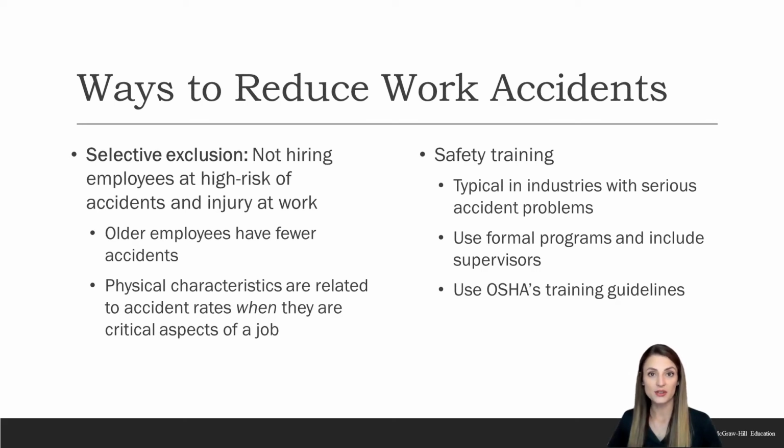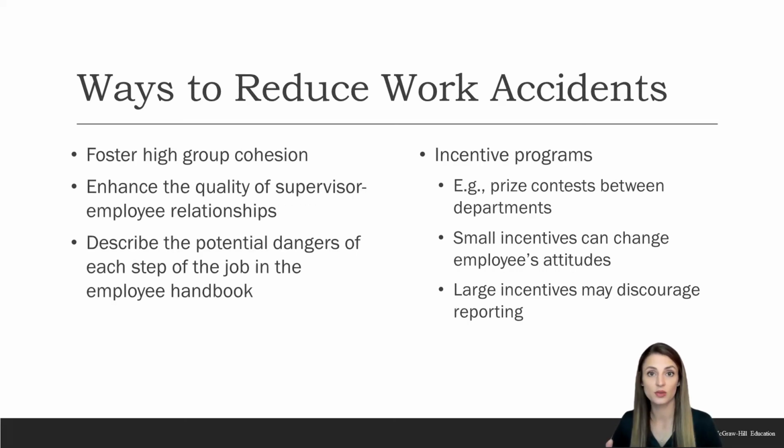Of all the topics that we might focus on in terms of training, safety is one of the easiest to tie back to the organization in terms of impact and results. We also want to make sure that we include supervisors in the design and delivery process. Thankfully, OSHA has training guidelines that can give a lot of employers some ideas in terms of what to include in the training programs, how to conduct the training programs, and how to evaluate it.